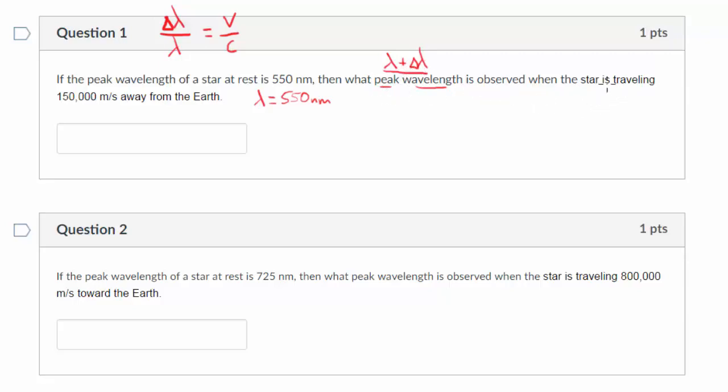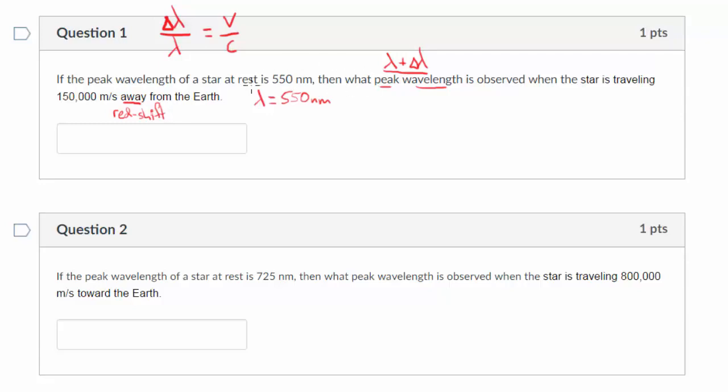Now another important thing here is that it's telling us that the star is traveling 150,000 meters per second away from the Earth. Away is telling us that this is red shifted. Remember, when something is moving away from you, it shifts toward the red or towards longer wavelengths. When it's traveling toward you, it's blue shifted, so it's traveling towards shorter wavelengths.